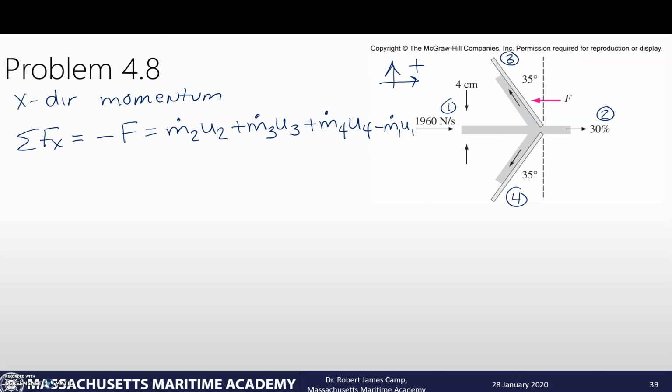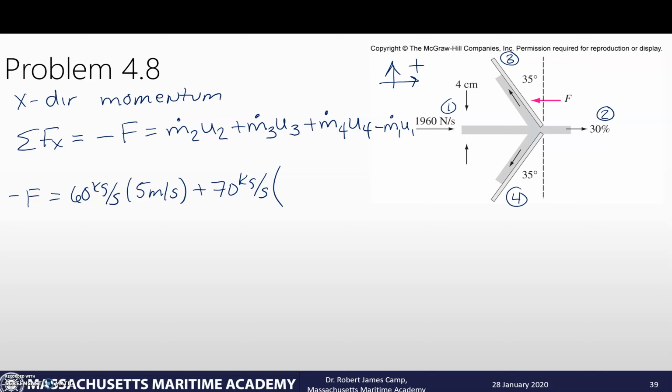Now, all we have to do is start plugging in numbers. So negative F is going to be equal, well, mass flow rate at 2 is 60 kilograms per second times U2. Well, that's 5 meters per second. And it's all in the x direction, it's all positive x. Mass flow rate at 3 and the mass flow rate at 4 are going to be the same thing, so 70 kilograms per second. The x velocity from point 3 is not 5 meters per second because there's an x and y component of that.